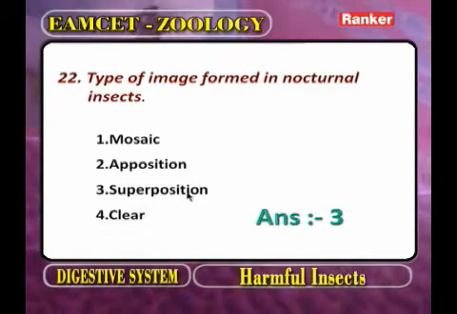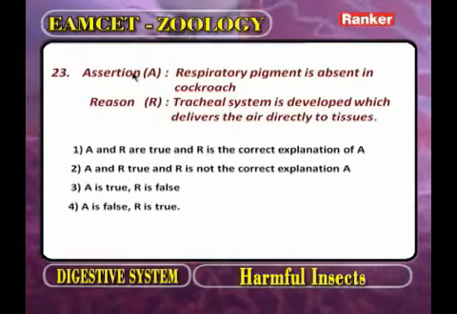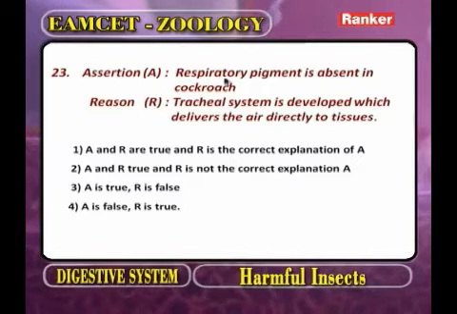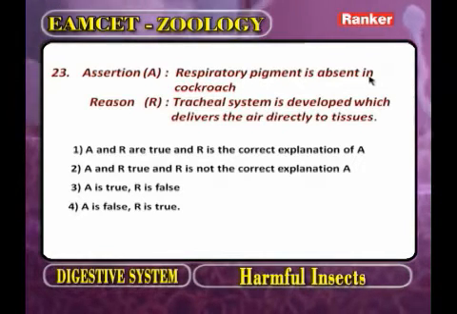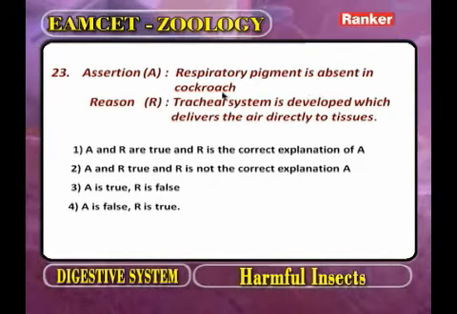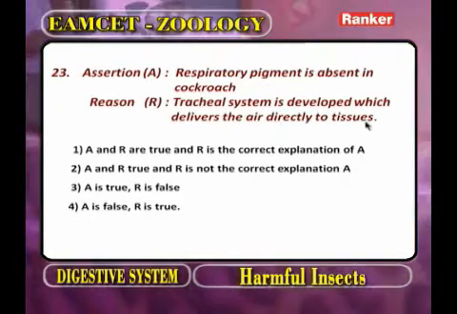Now we go for the next question. Assertion: respiratory pigment is absent in cockroach. Reason: tracheal system is developed which delivers the air directly to the tissues.